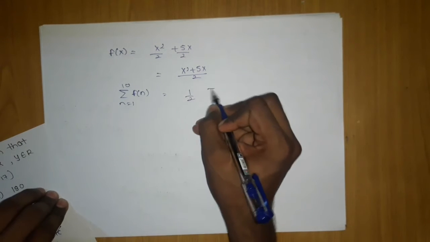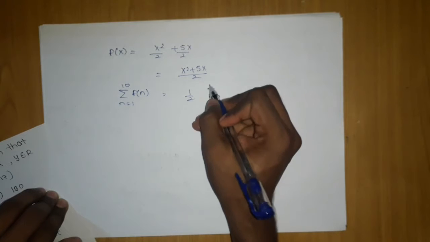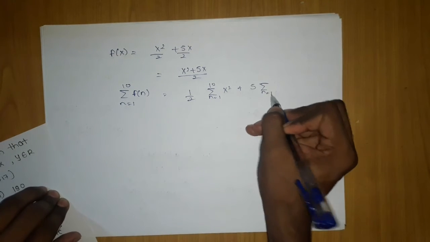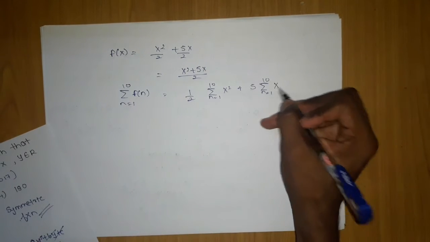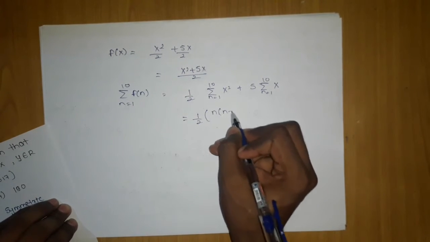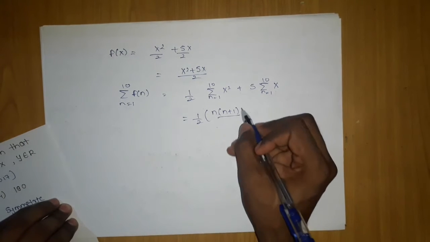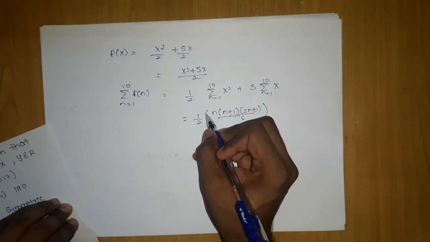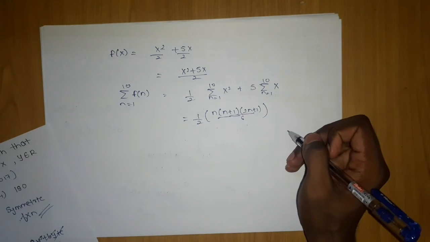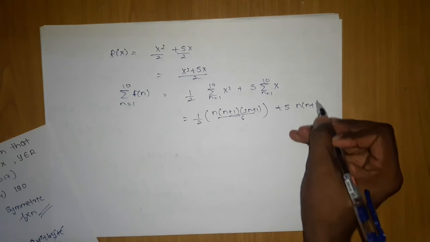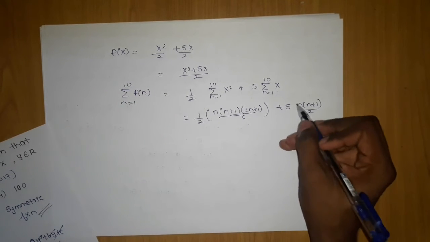I will take 1 by 2 common: summation n equals 1 to 10 of n square plus 5 times summation n equals 1 to 10 of n. If I apply the formulas, I will be left with n into n plus 1 into 2n plus 1 by 6. My summation value is from 1 to 10, so I will substitute 10 here, and here it will be n into n plus 1 by 2, into 5 is there.